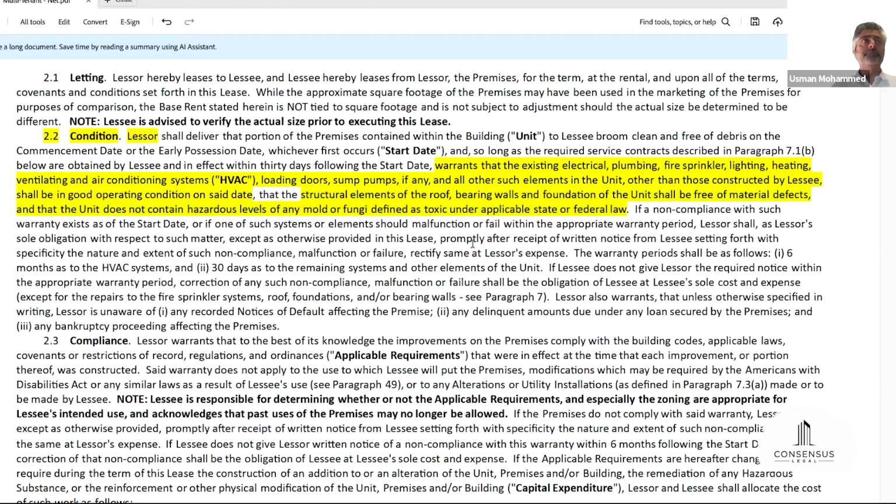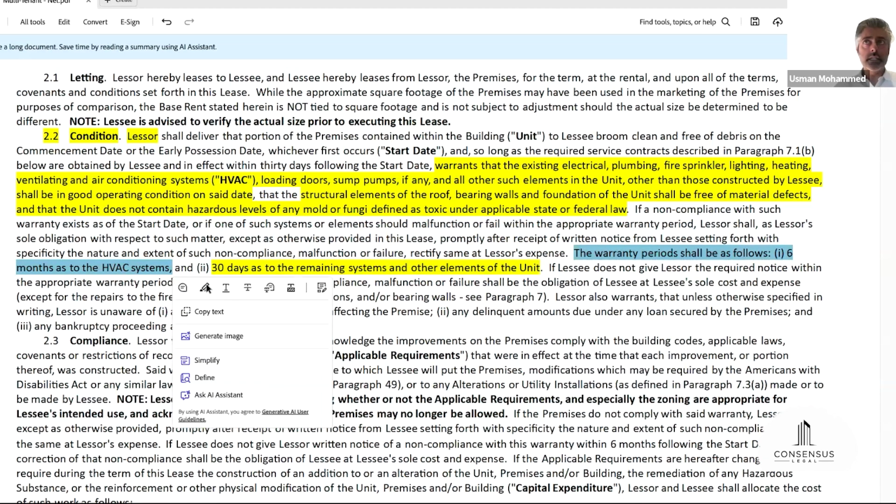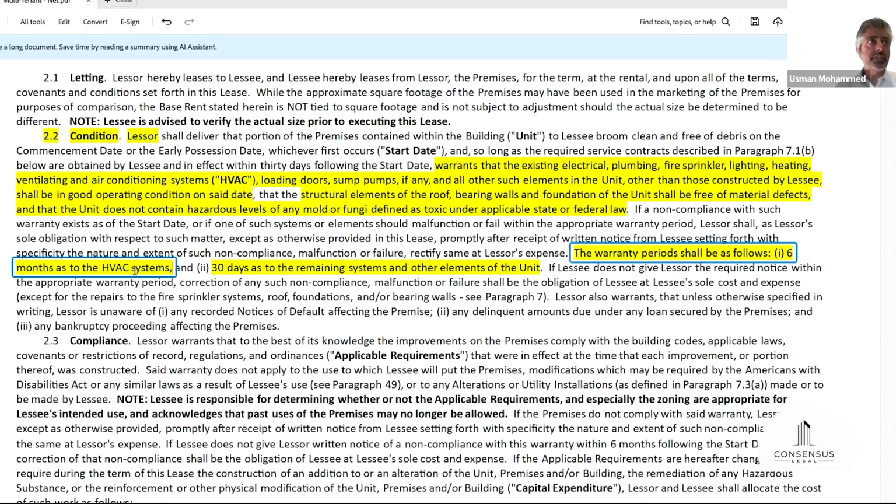So yes, if some aspect of the plumbing, like the plumbing line we talked about in the bathroom, or a lighting fixture, fails within 30 days, then lessor is responsible to repair that and put it in good order and condition. There's a special warranty for the HVAC system, which is 6 months.